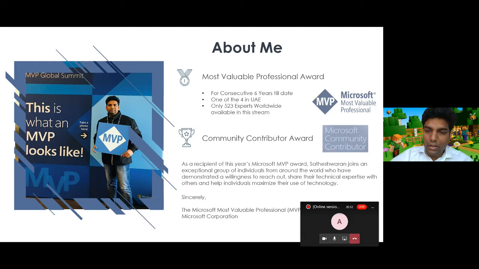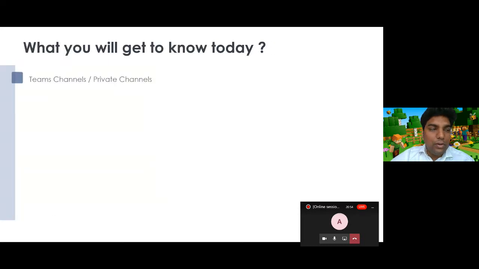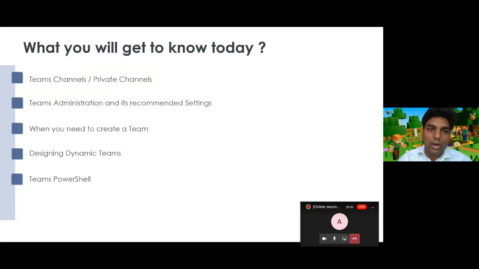So what we will be seeing today is teams, channels, private channels, and how to administer a team. Let's consider if you're giving ownership to a team, how to administrate efficiently, and when you need to create a team, because every team creates an Office 365 group in the backend.